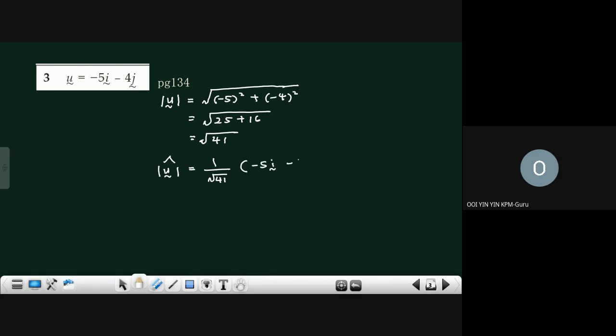Okay, we write like this first. And then we can make some changes. Why? Because I see negative here. If we factorize the negative outside here, and then over 41, then 5i plus 4j. Yeah, can change to this one.